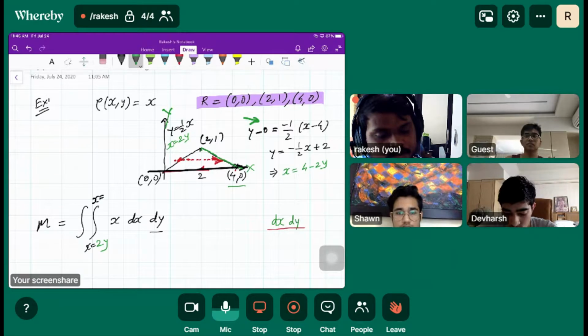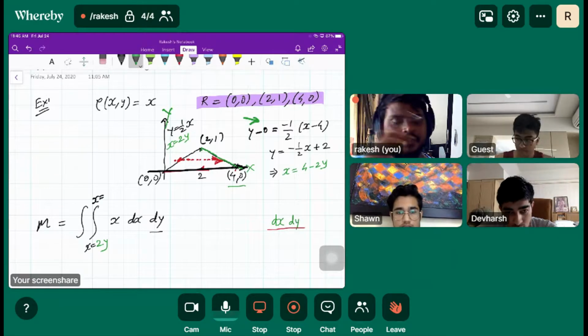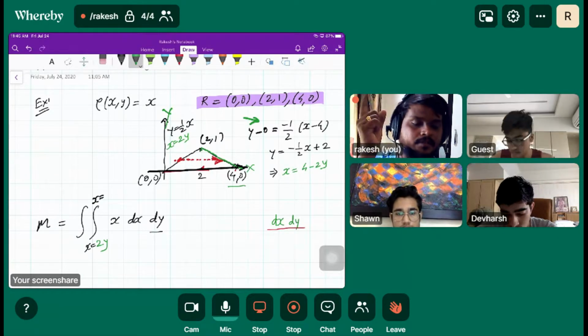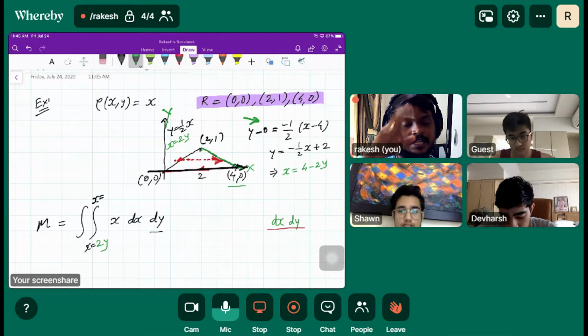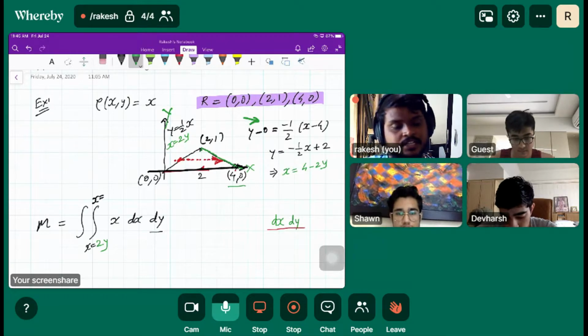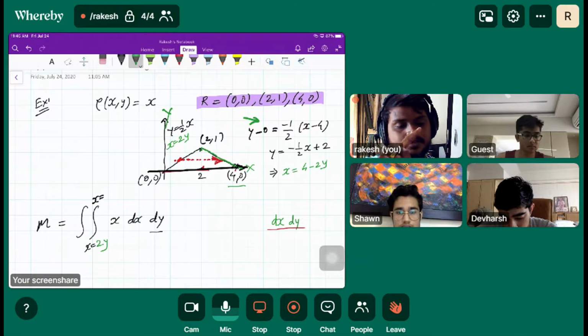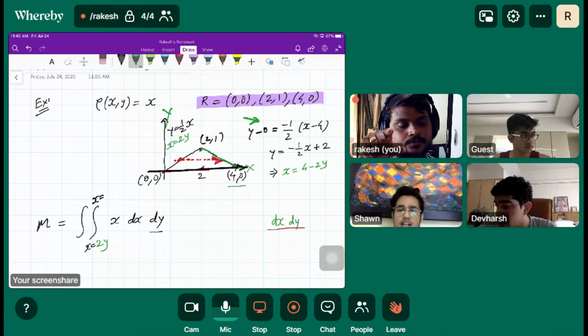Y minus 0 is equal to the slope, which is 0 minus 1 upon 4 minus 2, so minus half into x minus 4. That's fine, no? Then multiply by 2.